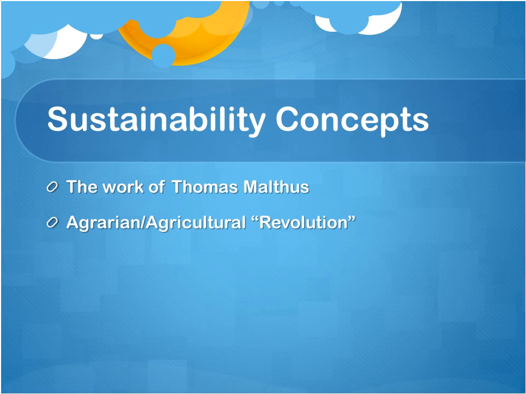We'll look at historically what followed that, the agricultural agrarian revolution that took place, and we'll look at that in a little more detail later on when we discuss food production.